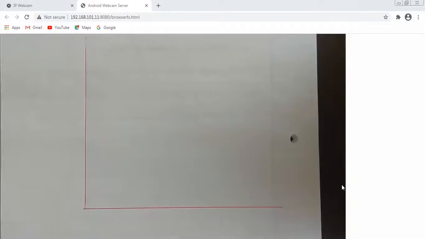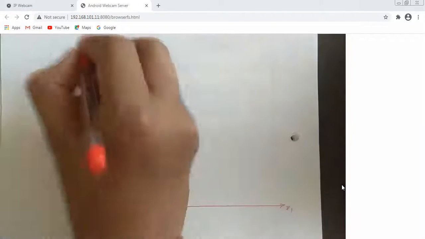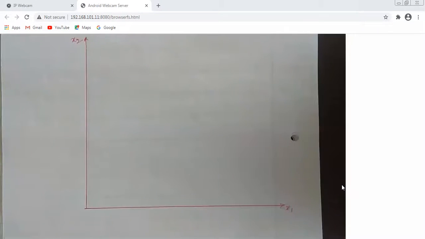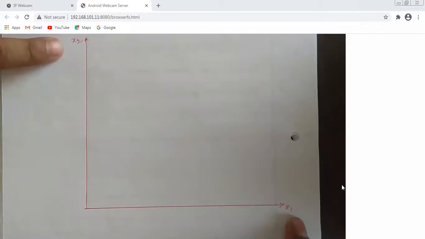See, now on the x-axis I will consider the x1 variable, and on the y-axis I will consider the x2 variable. Instead of x and y, here we have decided that the variables are x1 and x2. So x1 is plotted along the x-axis and x2 is plotted along the y-axis.